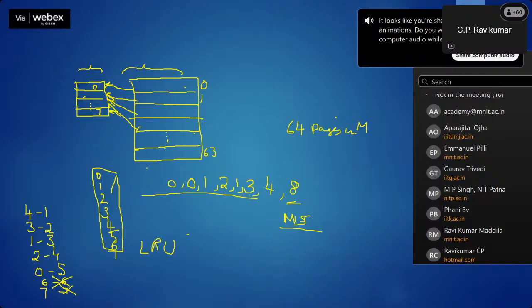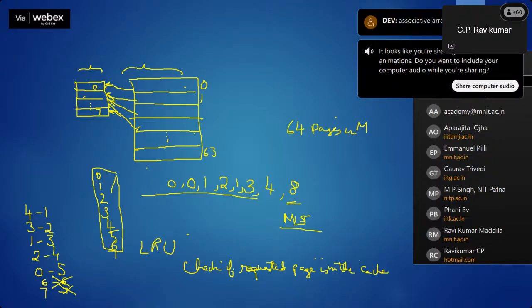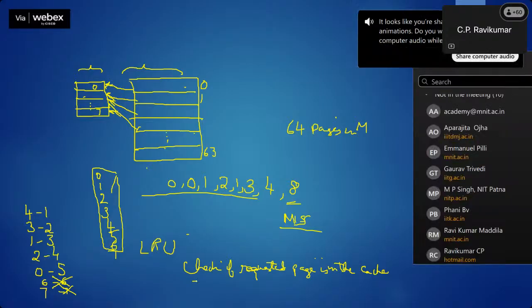So the hardware must do the following. It has to check if the requested page is in the memory, in the cache. And if it is there, well and good.